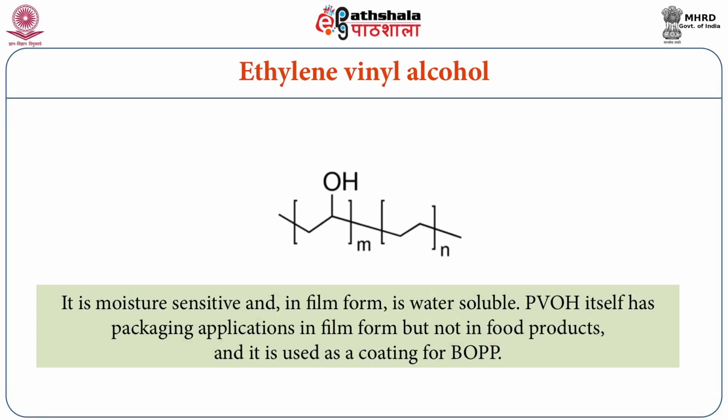Ethyl vinyl alcohol itself has packaging applications in film form, but not in food products, and is used as a coating for biaxially oriented polypropylene.